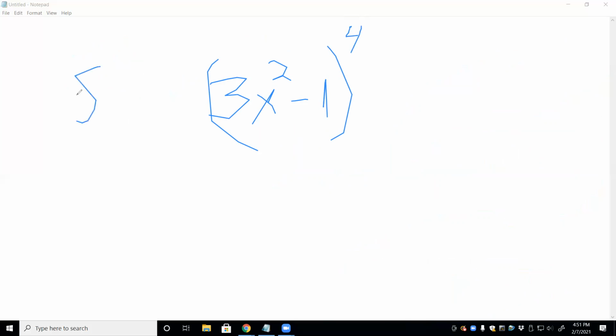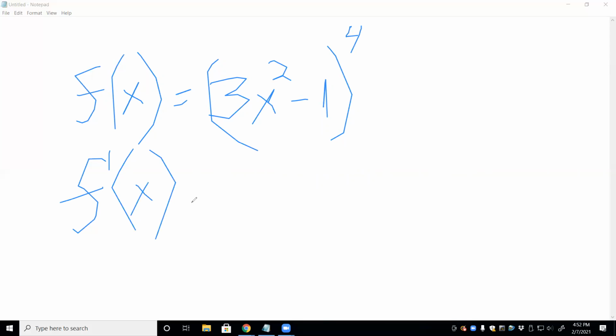This chain rule, let me just explain it to you in a nutshell, because I can get you to understand it in 30 seconds. If I want to take the derivative of that, verbally, it's really simple.